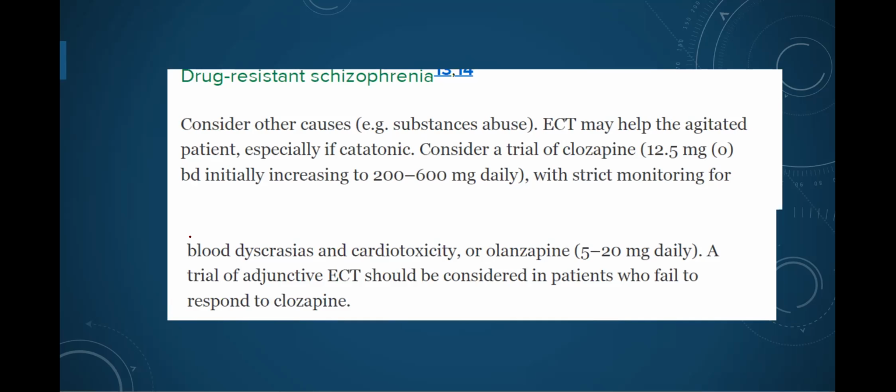It causes cardiotoxicity, and it can also cause blood dyscrasia, mainly agranulocytosis or even pancytopenia. So for any patient you want to start on clozapine, you should first try 3 antipsychotic medications. If that doesn't work, the fourth option will be clozapine.